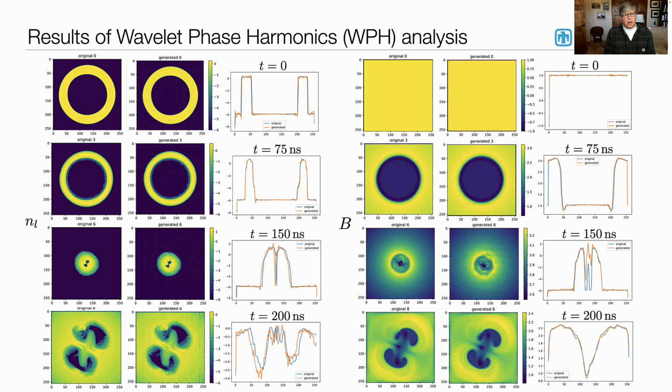Now, quite a bit can be learned by studying the form and the evolution of the wavelet phase harmonics, but for many purposes, you would like to have a surrogate of what the liner density and magnetic field themselves look like. Unfortunately, the MST only has the magnitude of the transformation. It does not have the complex phase of the transformation.